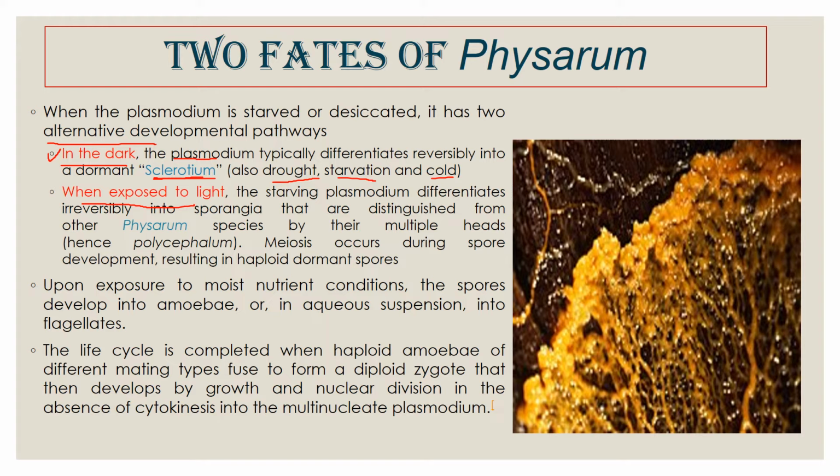So this is the dark phase, and in the light phase what happens is that the plasmodium differentiates and forms a sporangium. How does it do it? When the plasmodium is subjected to deficiency of food, or a very dry condition, it metamorphoses.